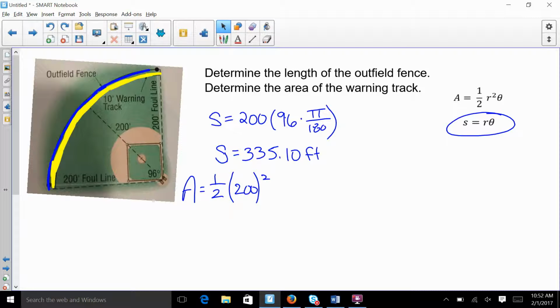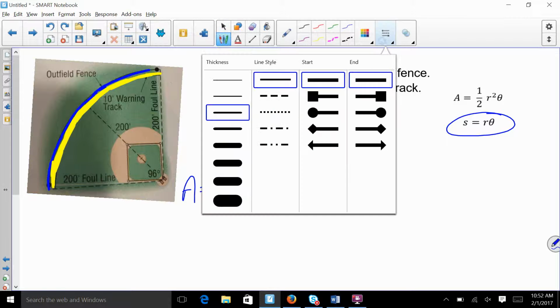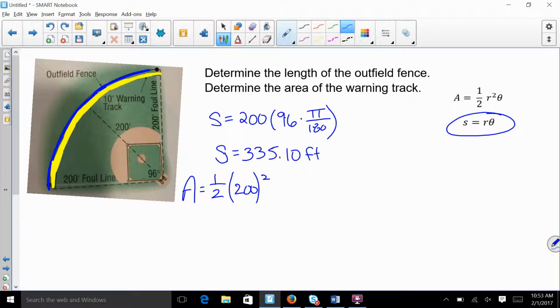So again, I've got that same one that we used before, which was 96 times pi over 180.